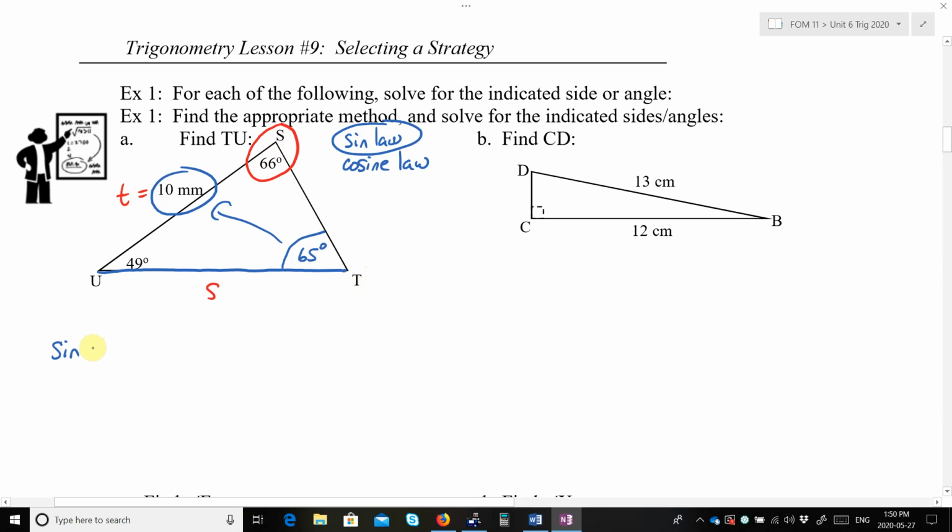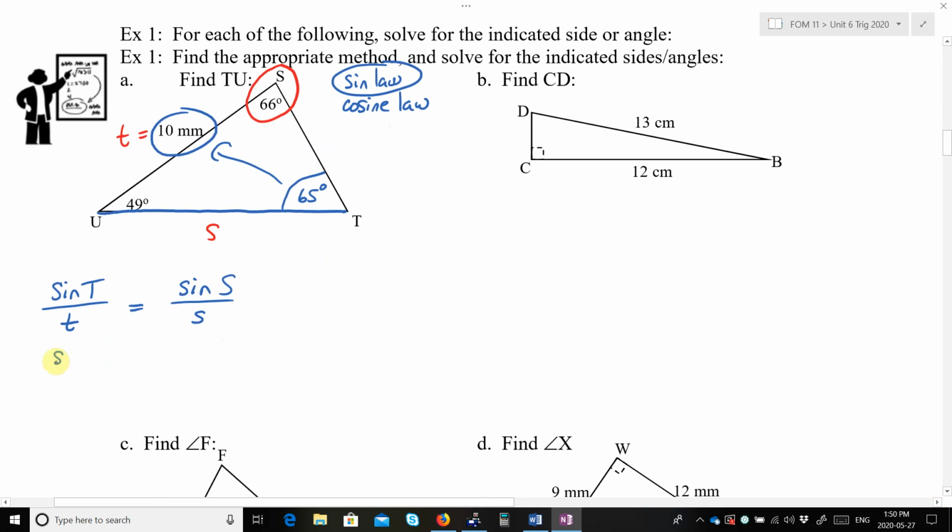It's sine of angle t divided by its opposite side is equal to sine of angle s divided by its opposite side. So we would get sine of 65 degrees divided by 10 is equal to sine of 66 degrees divided by s, and we have to solve this for s.